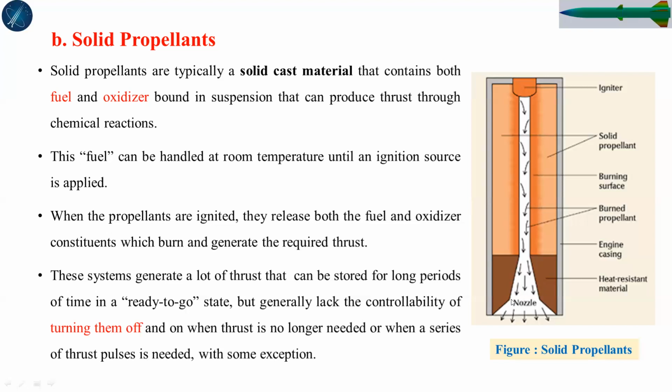So we have to select heat resistance material for nozzle design, because erosive burning takes place. It will wear out the material, and it will be immediately damaged if it is soft material.